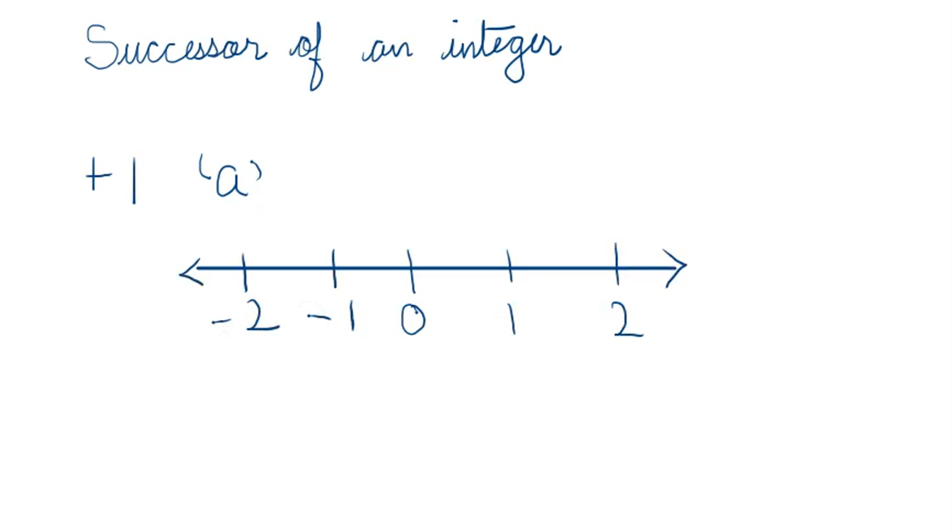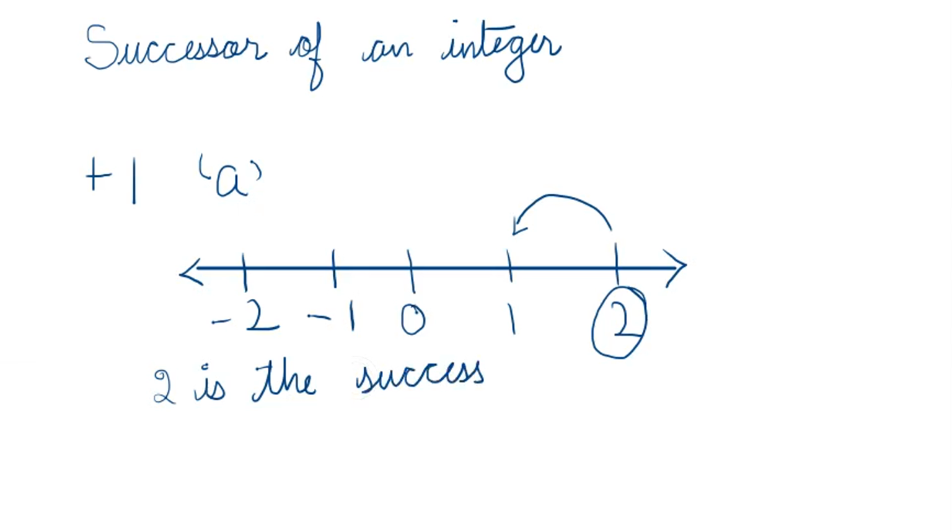On the number line, each integer is the successor of the integer just to the left of it. So now I'm considering 2. Which number is there towards the left of 2? 1. So 2 is the successor of 1. Okay, so now we'll consider this.